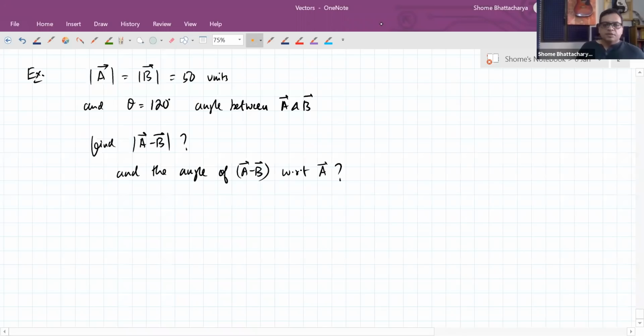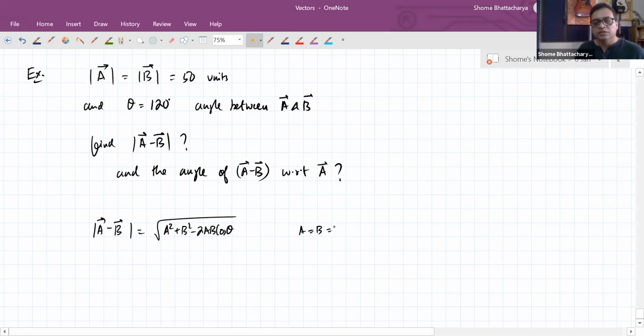So let us look at the application of this question with the triangle law formula that we've just discussed, but the second triangle law formula, the one for the difference of two vectors. If we go with the formula based method, then we can just substitute over here. We will substitute A and B as 50 each.